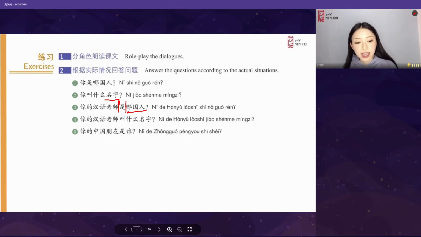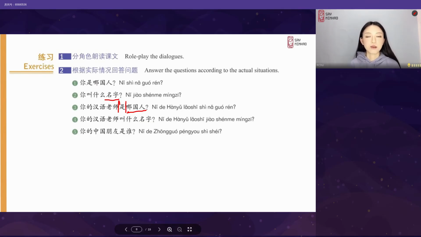Next question is 你的汉语老师叫什么名字？So this question means, what's your Chinese teacher's name? You try to answer it. Answer it with me, okay? 我的汉语老师叫 Ronnie.